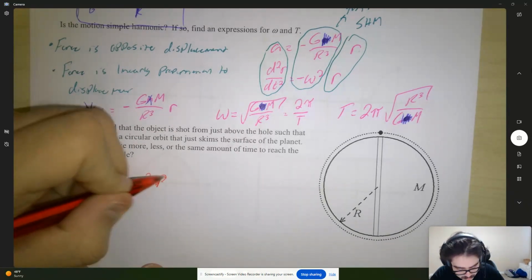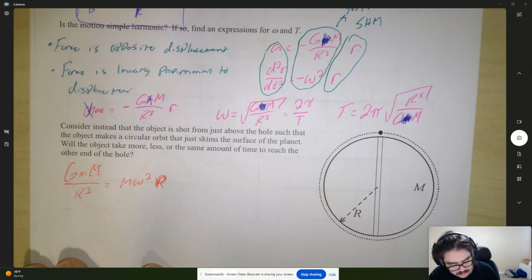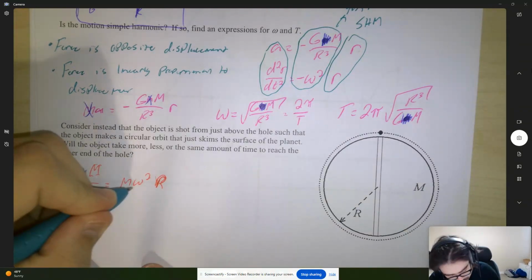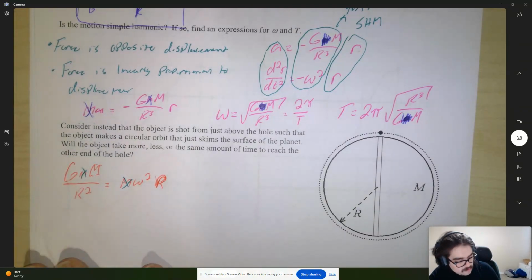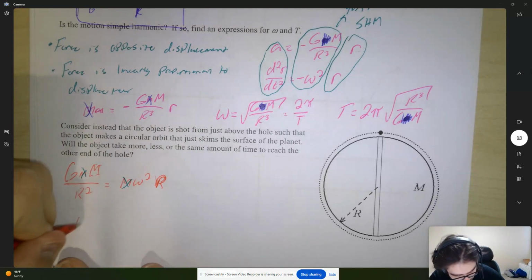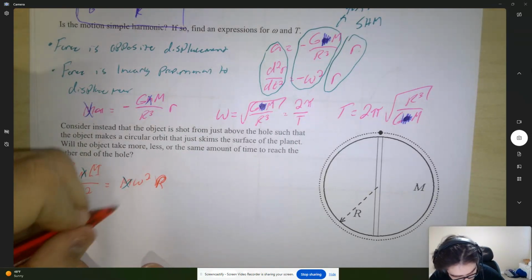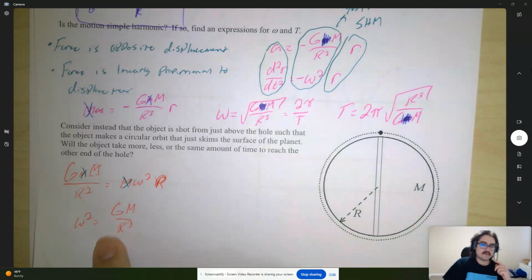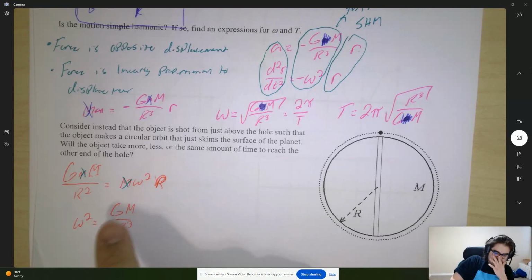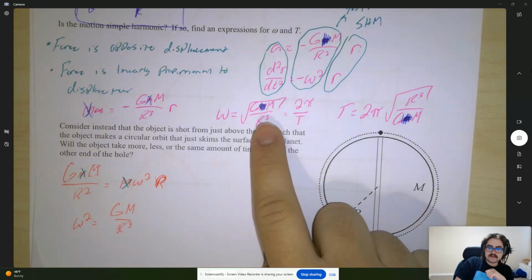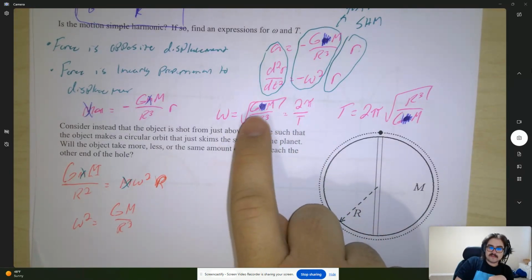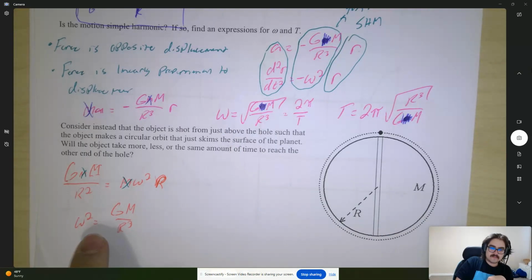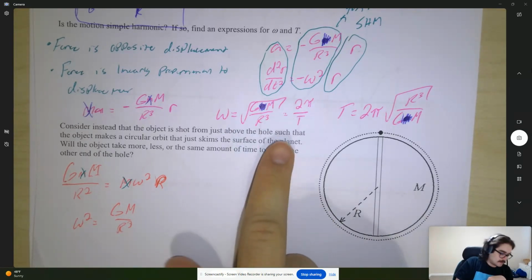My little m's cancel out, and if I divide the r on both sides, I get omega squared equals G M over r cubed. Hey, wait a minute. That looks very similar to what I got here. If I square the omega, this would be G M over r cubed. That's the exact same thing. So the omega is the exact same thing as up here.